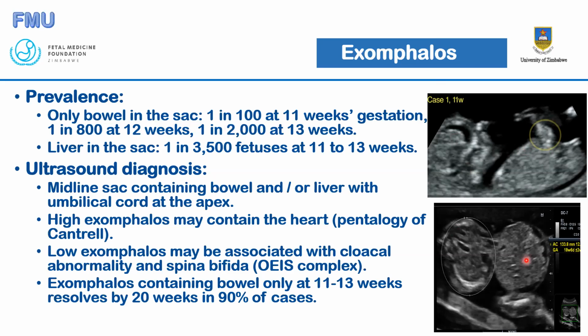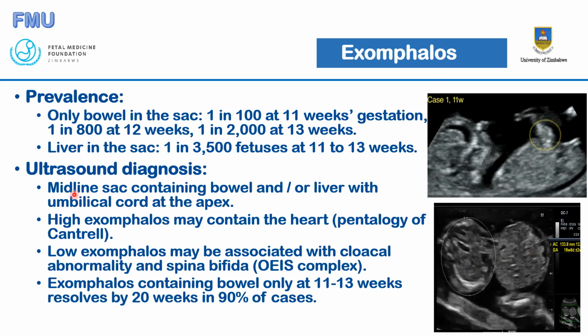So this is the reason why I'm saying ask these babies to come at 13 weeks, so that you get rid of the many cases which are due to physiological herniation, and so that you don't have to unnecessarily worry the parents. The incidence is 1 in 3,500 fetuses at 11 to 13 weeks with an exomphalos.